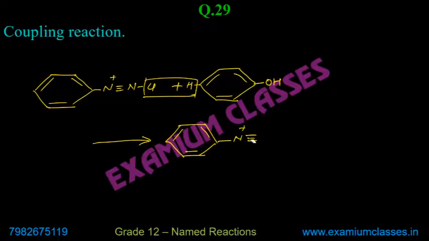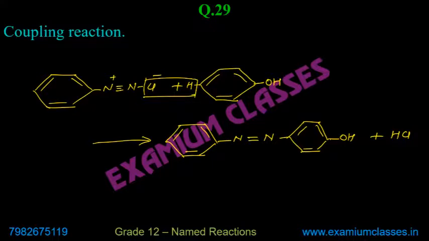Now, because the plus sign will disappear, it will be a double bond. And OH was already there. Whether you write this HCl or not hardly matters, but you should know that HCl is produced and that's how the coupling takes place. So that's why coupling reaction.